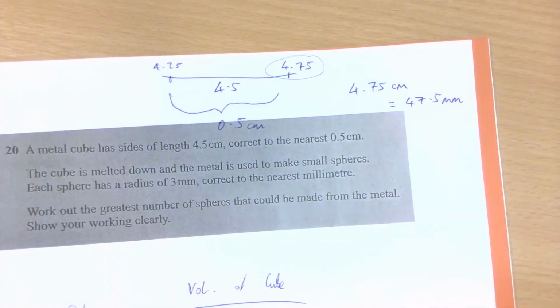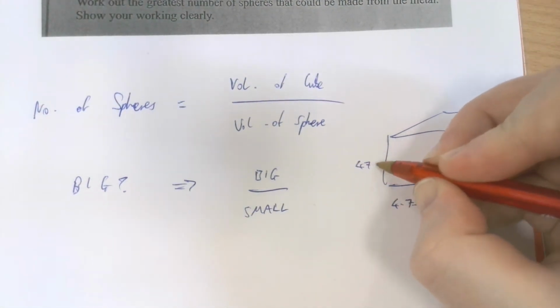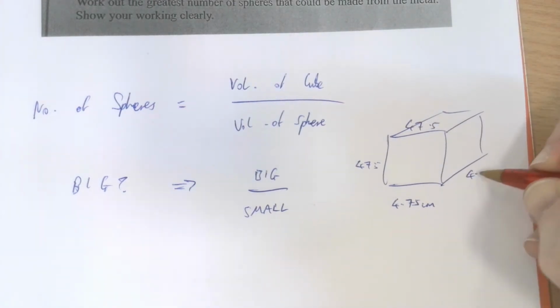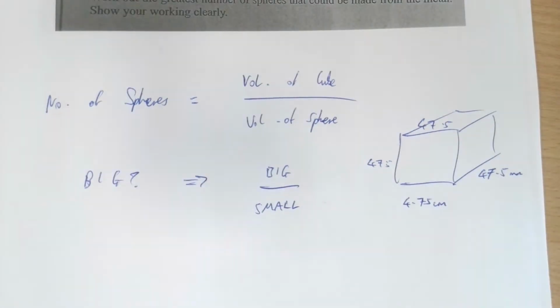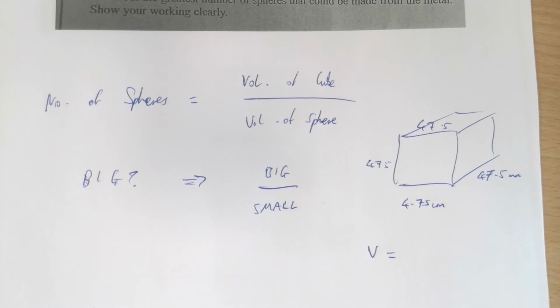There's 10 millimeters in every centimeter. So I can effectively consider this as a 47.5 by 47.5 by 47.5 millimeter cube. The volume of that is 47.5 times 47.5 times 47.5.